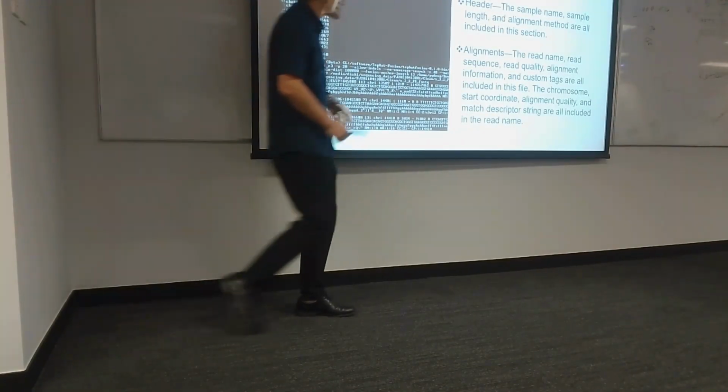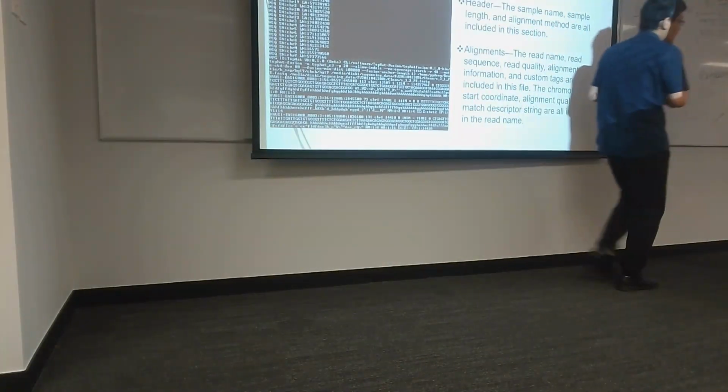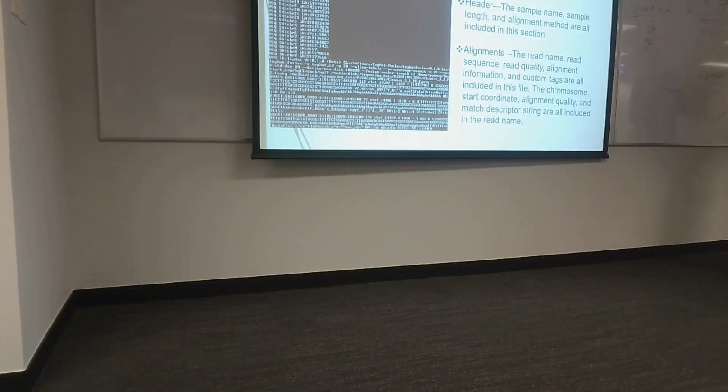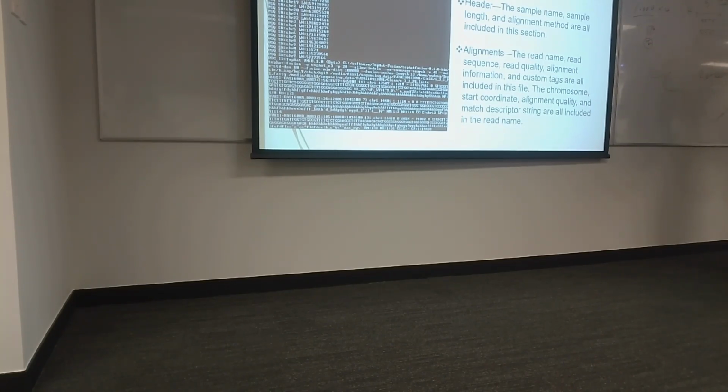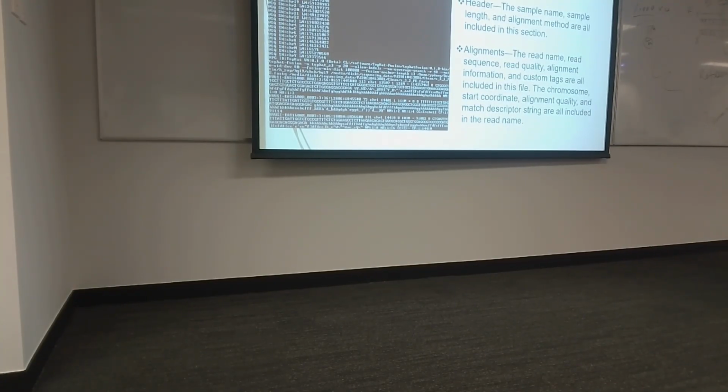After the header section, the next section is the real alignment section. The alignment section is a little bit more complicated, including multiple fields, including the read name, read sequence, the read quality, the alignment information, the tags, and many other information.